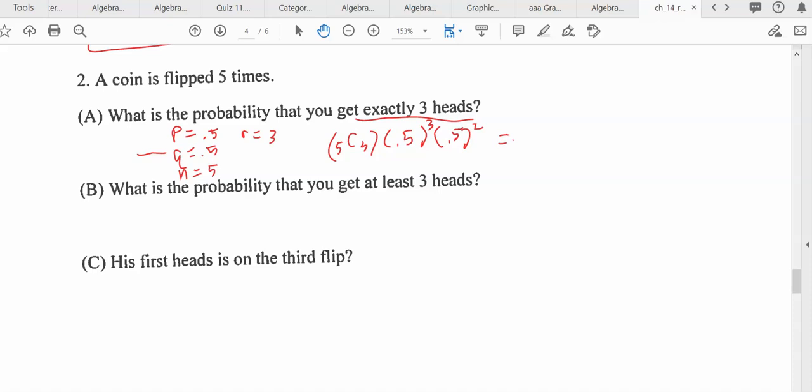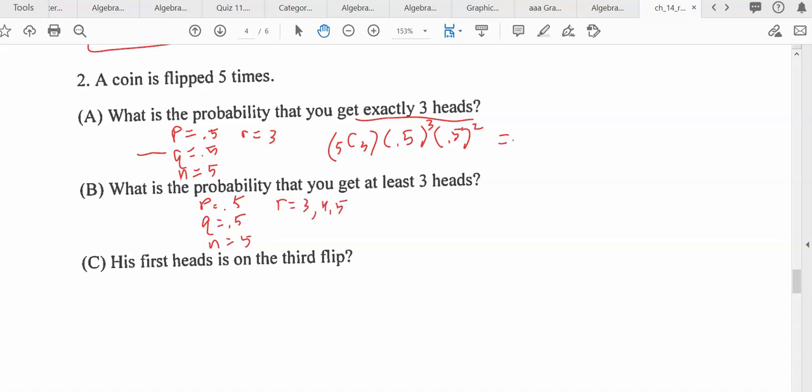Probability of getting at least 3 heads. So P is 0.5, Q is 0.5, that's tails, probability. N is 5 again, and at least 3, so R equals 3, 4, and 5.